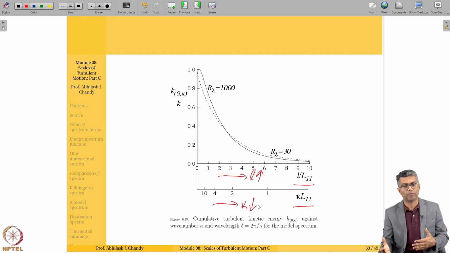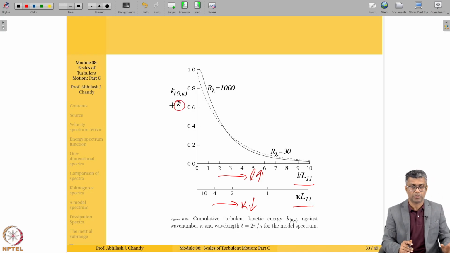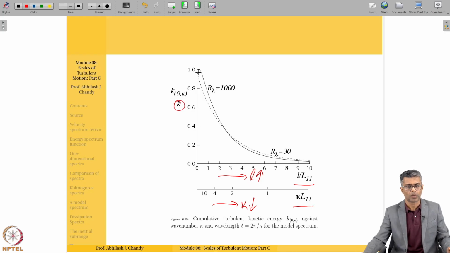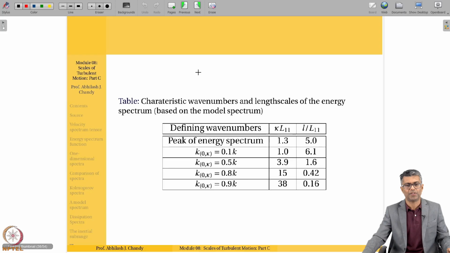Two curves are shown just to show one relatively low Reynolds number and one relatively high Reynolds number. Also, the cumulative kinetic energy is normalized with the total kinetic energy, so that's why it starts from 1. All right. What else can we say from here?